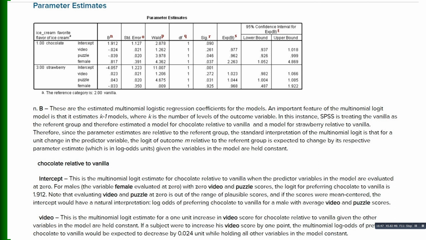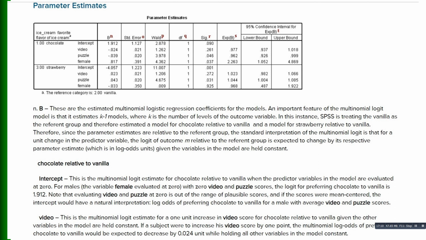Now we must note that evaluating video and puzzle at 0 is out of the range of plausible scores, and if the scores were mean centered, the intercept would have a natural interpretation, the log odds of preferring chocolate to vanilla for a male with average video and puzzle scores.